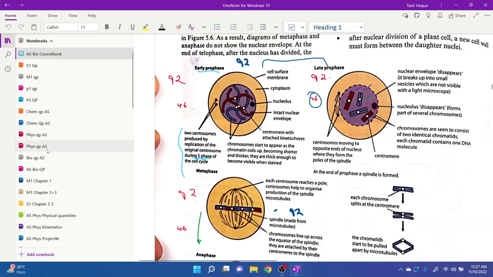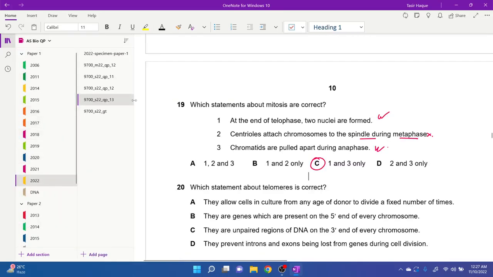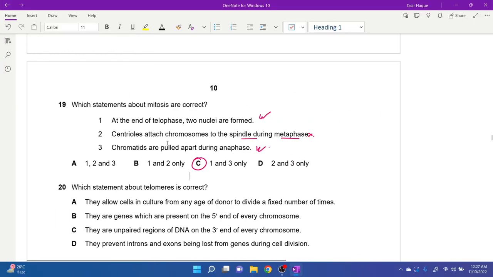Basically, according to this question, centrioles in the centrosome attach chromosomes to the spindle during metaphase.